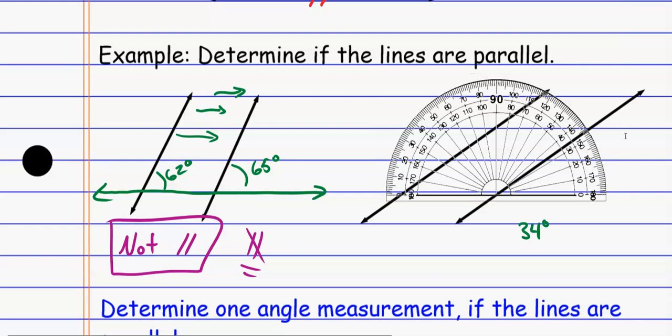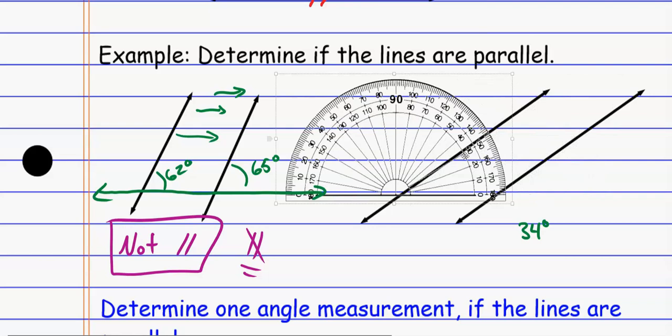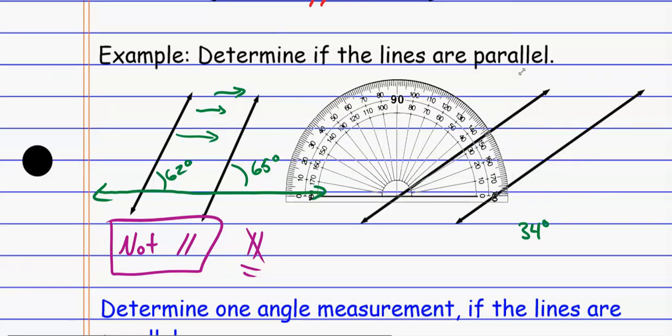If I scoot this over and measure the first line, putting it right on the line, it looks like this is also a 34-degree angle. I can kind of see it right here. And again, I'm measuring using the inside track, so that's 34 degrees.